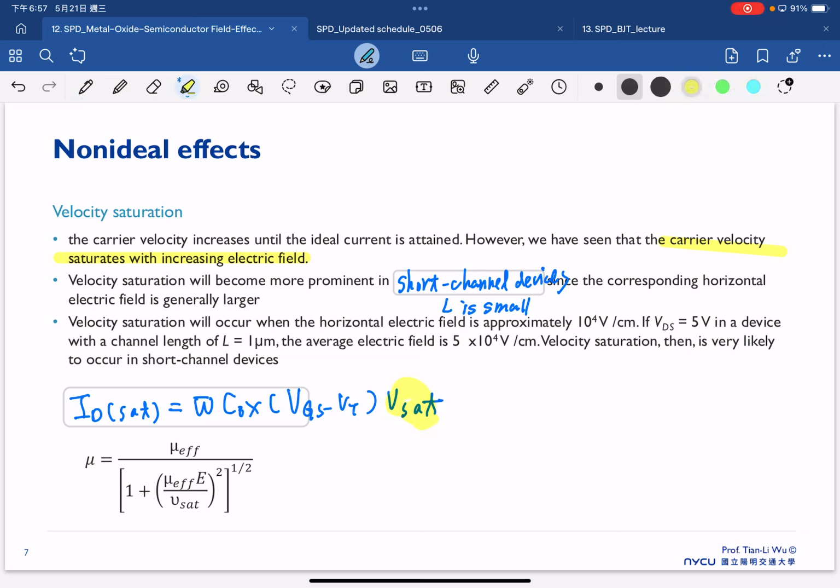If we can find a material with a higher velocity saturation, it is very suitable under this condition, because with a high V sat, in the end this device can have a higher ID sat.